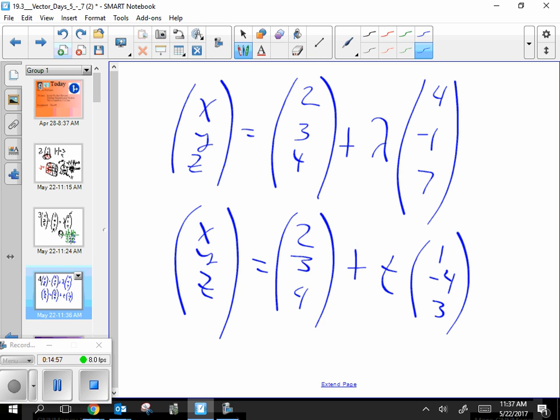What could she change the starting point for one of them to so that it would still go through 2, 3, 4, but let's say it's this one that needs to change. Well, we want it to go through 2, 3, 4. How could we force it to go through 2, 3, 4 by changing it and not having the same starting point? Yes, sir.